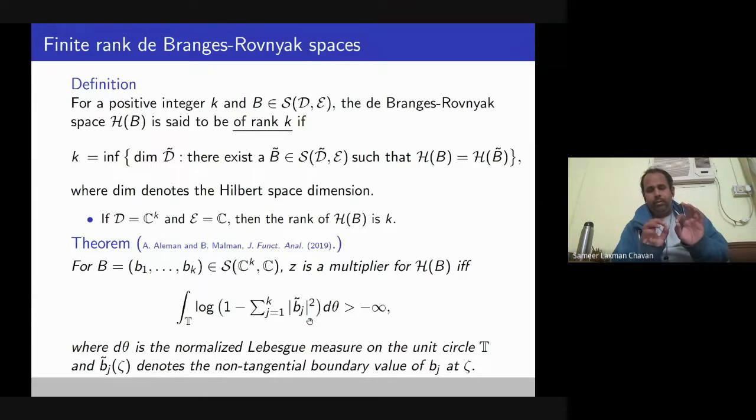Okay, so we say that B is a non-extreme point of the unit ball of H infinity. You do not have that, but you have something, namely this condition: the integral over the circle of log of 1 minus the sum of modulus b_j tilde squared, where b_j tilde are the non-tangential boundary values of B at zeta.